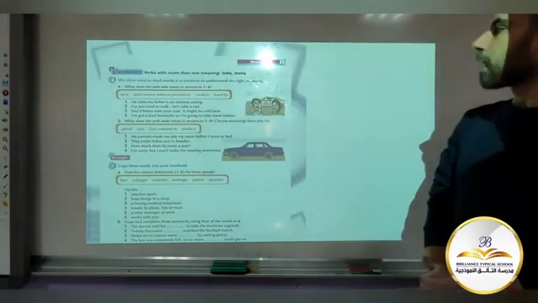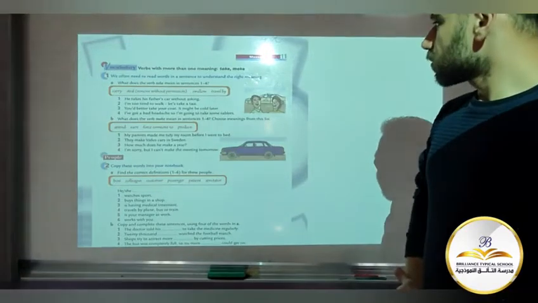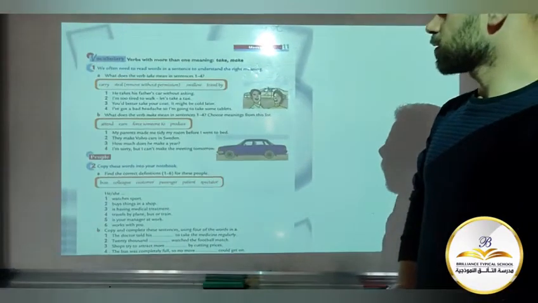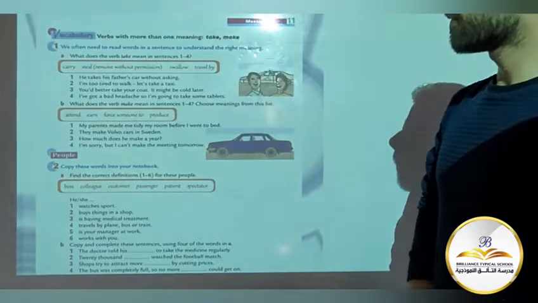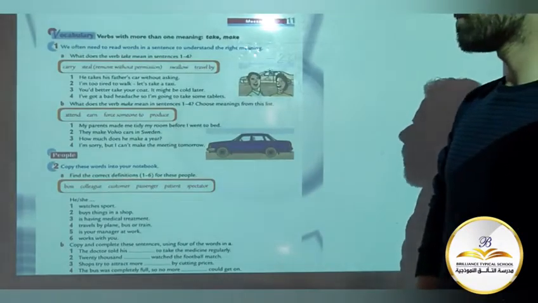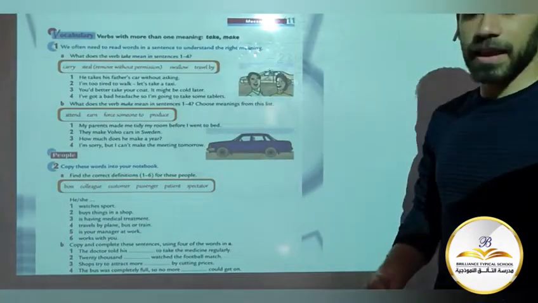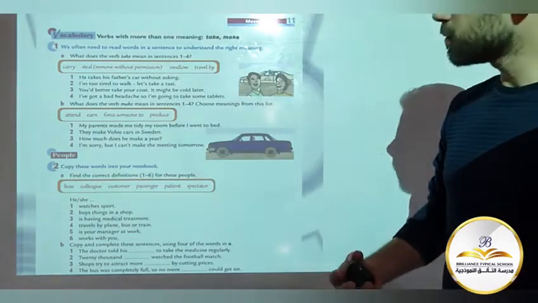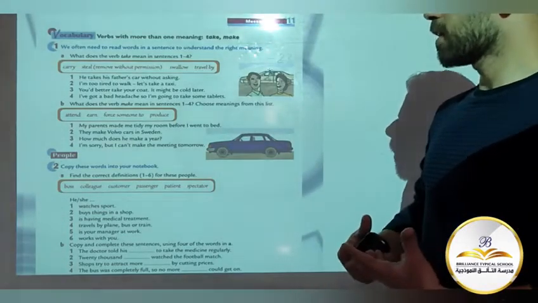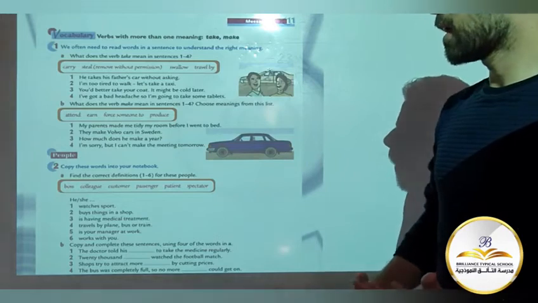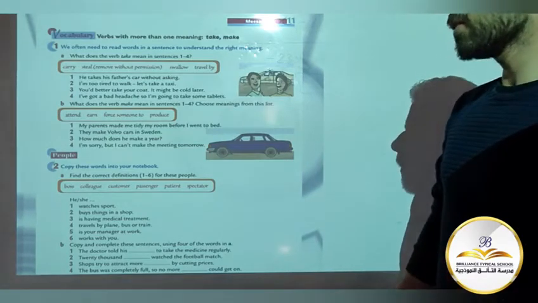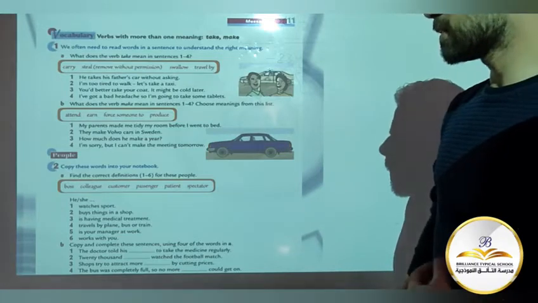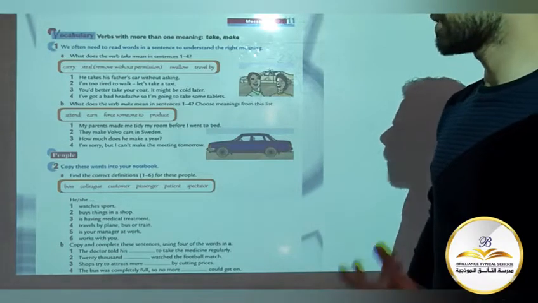Okay, if you open your book on Unit 11, the vocabulary section, we have verbs with more than one meaning. So take and make sometimes have different meanings, and they are used a lot in English. We often need to read words in a sentence to understand the right meaning.